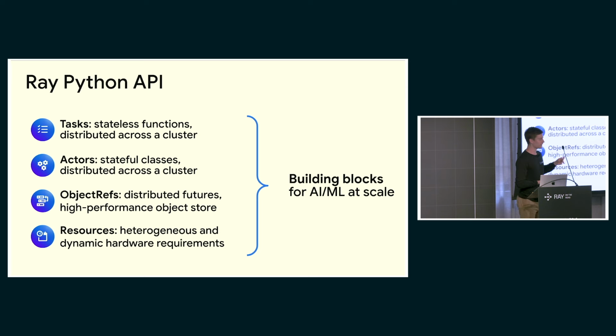If you look at this, tasks, actors, distributed futures, and resource requirements, none of these are really that specific to AI or machine learning. There's nothing about backpropagation here. There's nothing about transformers. It's really just a simple parallel programming model that integrates very well with the libraries used for machine learning.